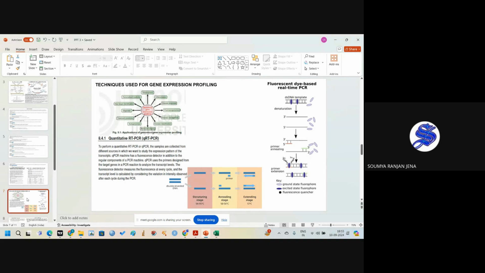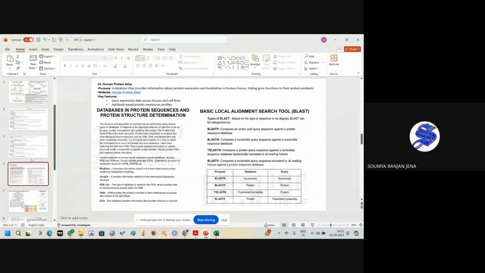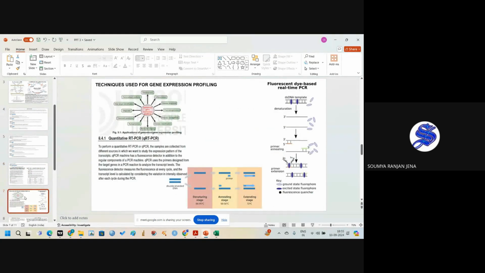These are called bioinformatics tools, and all the data are stored in these different types of databases. But if we go to disease analysis or gene expression analysis, you can use different techniques for gene expression profiling.